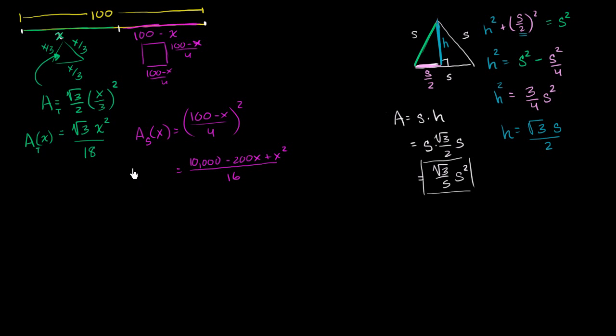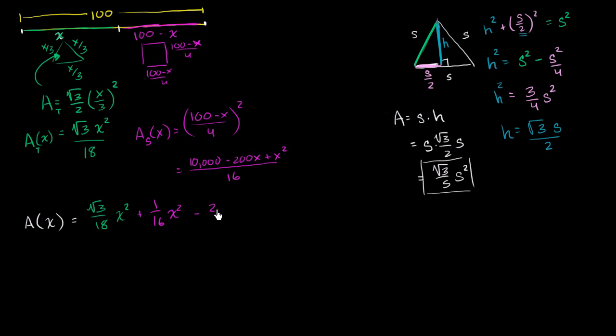So what's our combined area going to be? Well, our combined area is going to be, and this is what we want to minimize. Our combined area as a function of x is going to be this business. It's going to be square root of 3 over 18 x squared plus all of this business. So right over here, let's see, we could rewrite this as 1 plus 1 over 16 x squared, and then minus 200 over 16x.